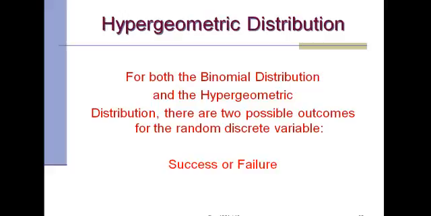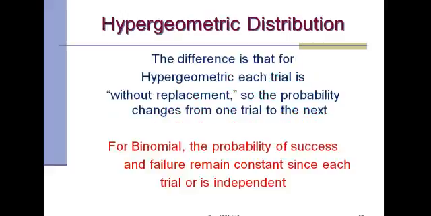For both binomial and hypergeometric distributions, there are 2 possible outcomes. For this discrete random variable, you can either have success or failure. But we need to talk about this without replacement. Without replacement means the probability of success is different from one trial to the next. Whereas for binomial, the probability of success stays the same because each trial is independent.